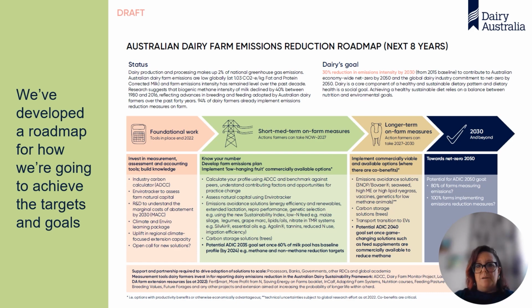So we've developed the Australian Dairy Farm Emissions Reduction Roadmap to guide our efforts, and this has been developed in consultation with the Dairy Farmers Federation and with the Processors Federation. Now, it's important to note here that dairy represents only about 2% of Australia's national emissions.